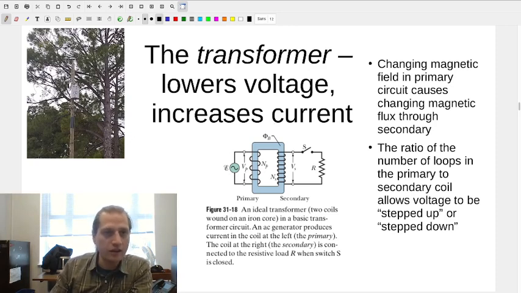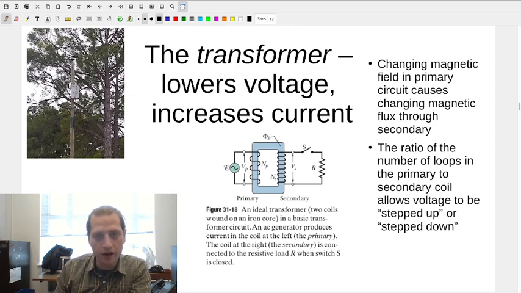You've got, coming in on your wire, some sort of a voltage, and what you do is you wind loops around a piece of magnetically active material, like a hunk of iron. And you can change the voltage by having a different number of loops on the other side.